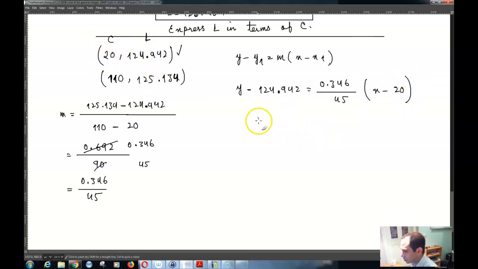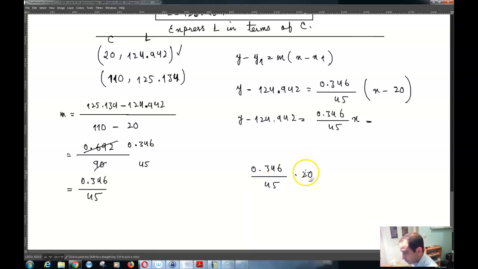Then 0.346 by 45 times 20 needs to be worked out.